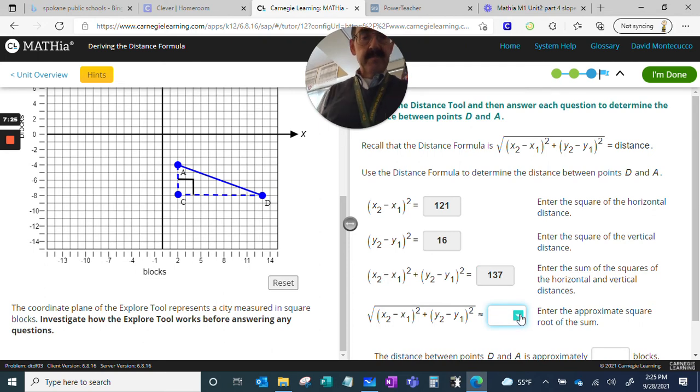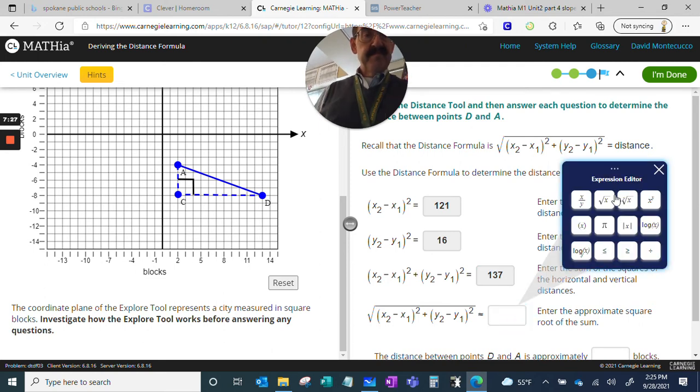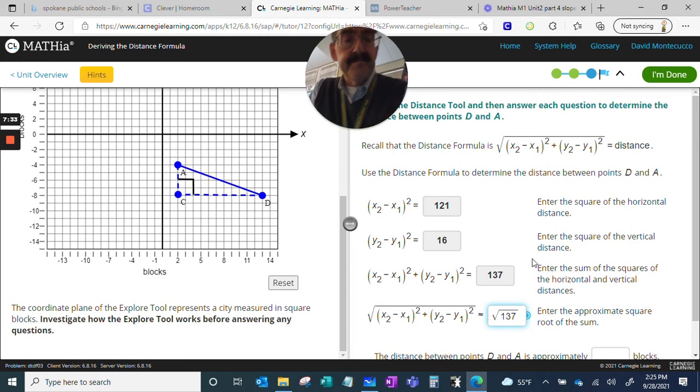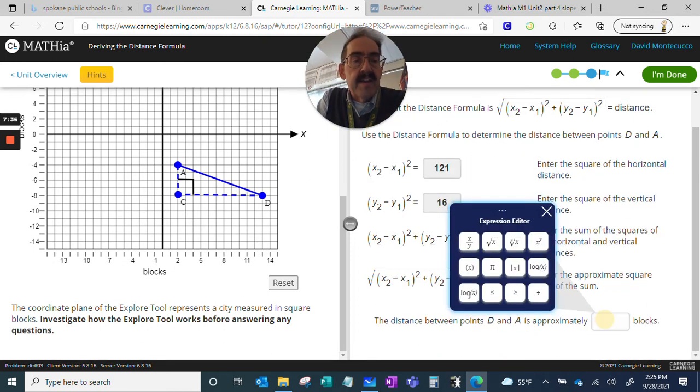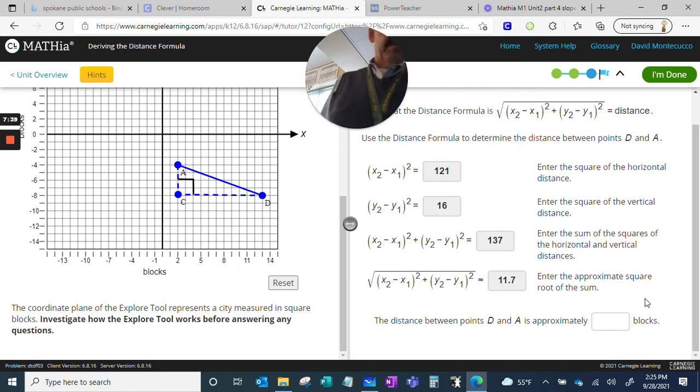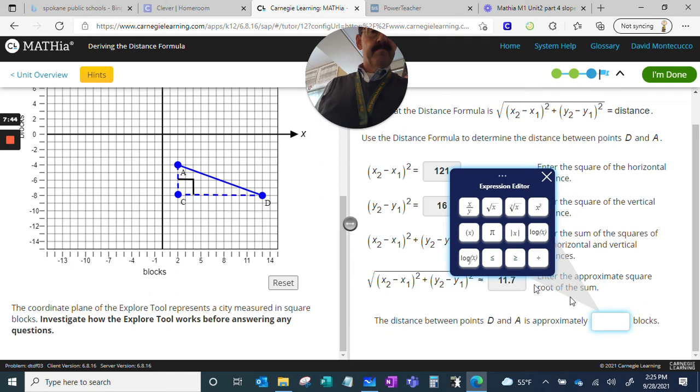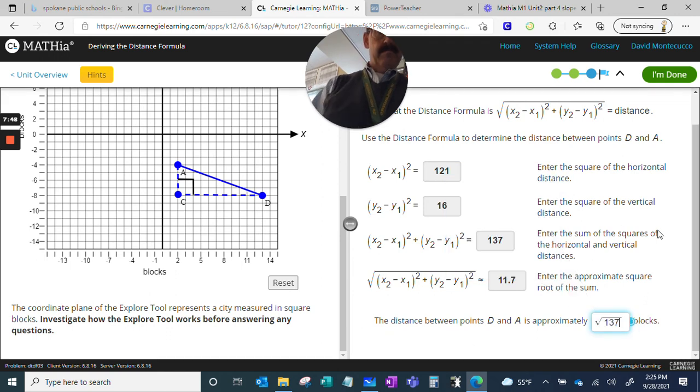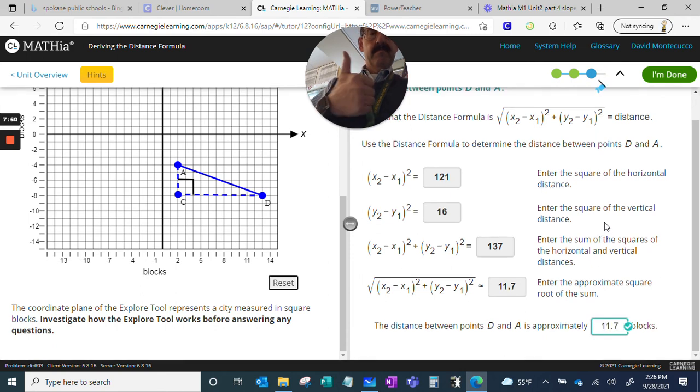Let's just use the menu. And it says approximate, but we don't do approximate anymore. We're just going to type it in. Square root of 137. Cool. All right, so that's the introduction to the distance formula.